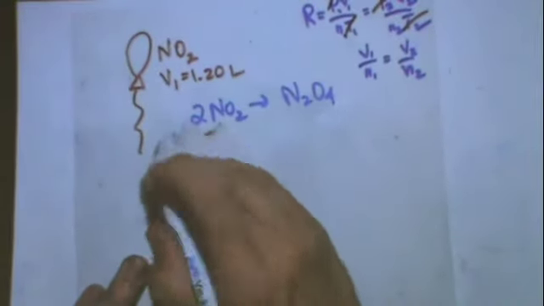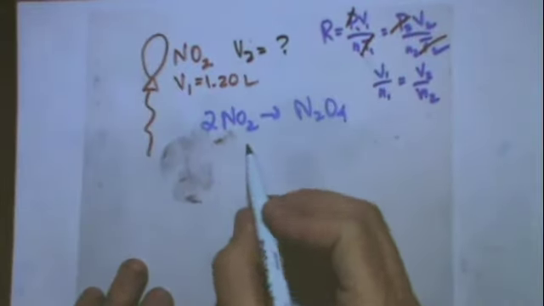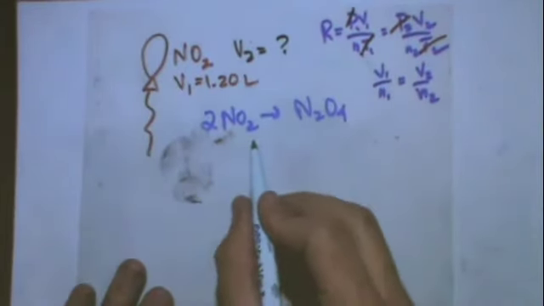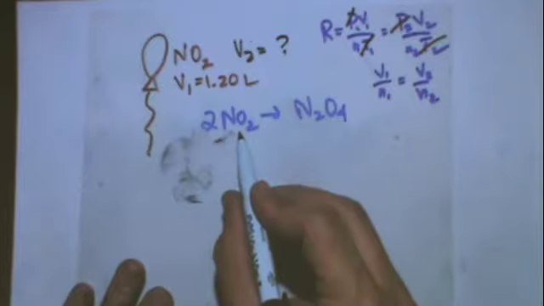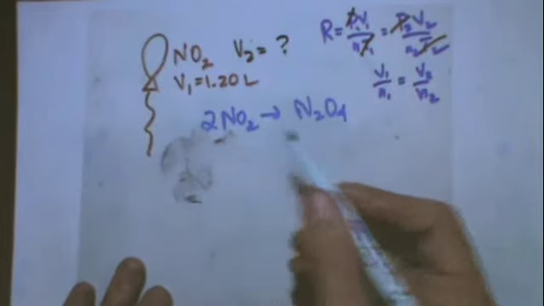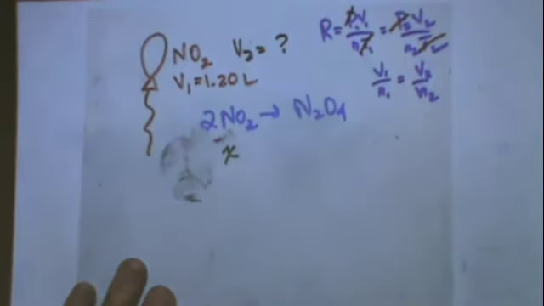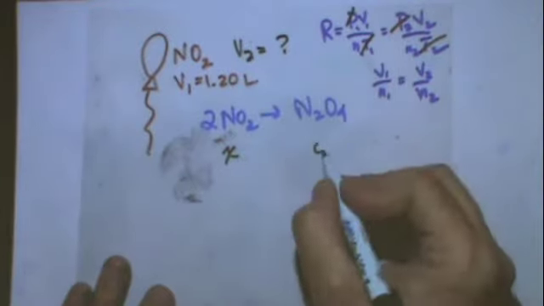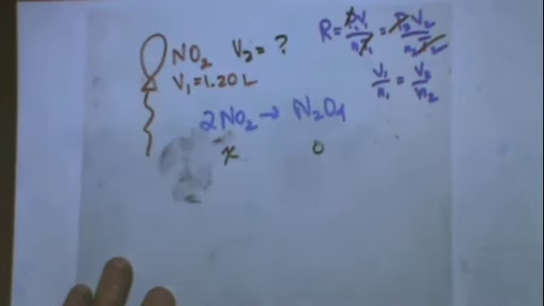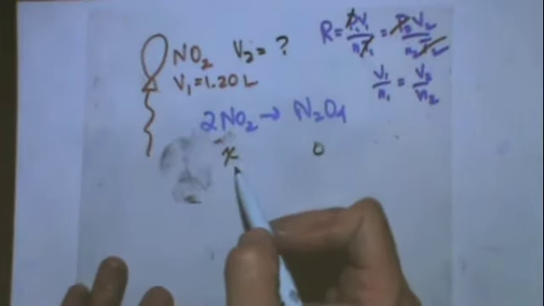Okay, initially, there's a certain amount of moles of this, but we don't know how much. So what's your favorite variable? Your favorite letter? Okay, that's cool. X, all right? And initially, there's none of that. Is that okay? It tells me it's all this.